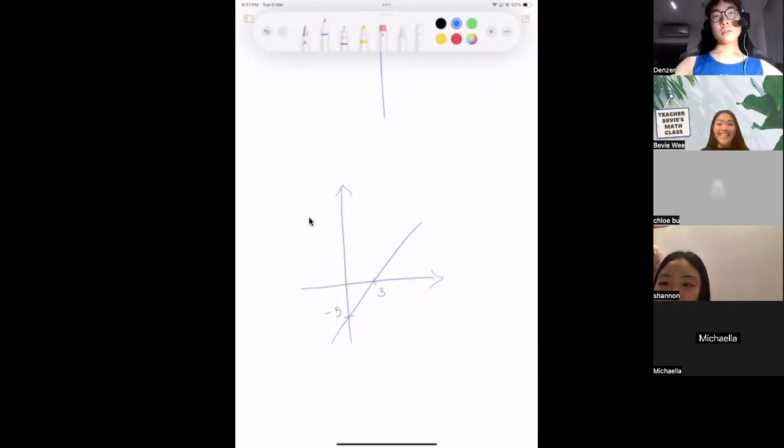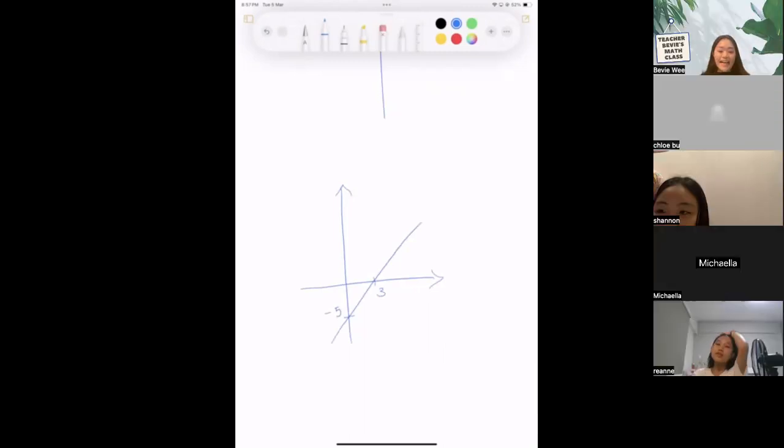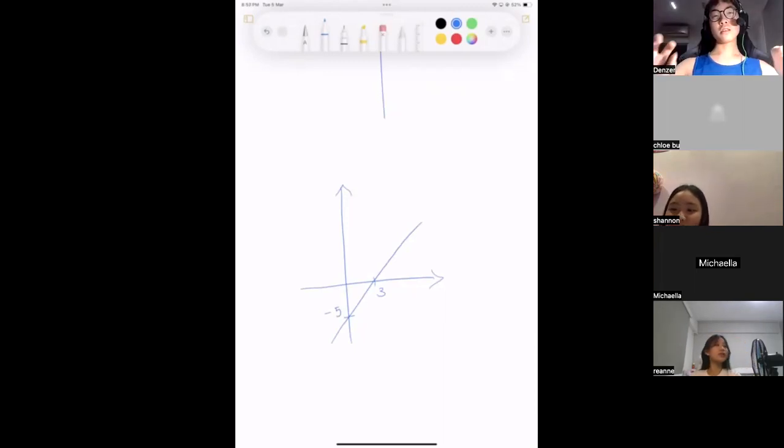Yes, Denzel again. 3 over minus 5. Rise first. Oh, first. 5 over 3. 5 over 3. Very good. Well done.